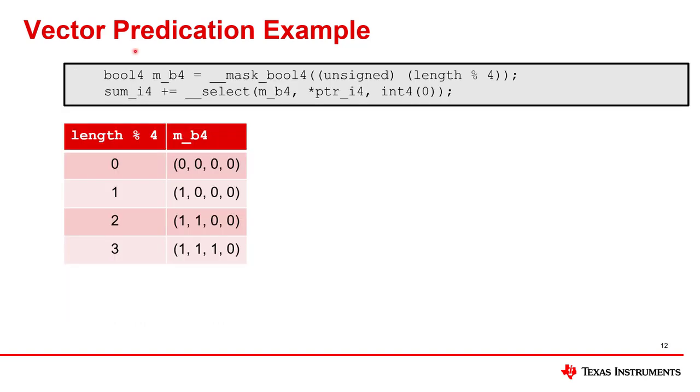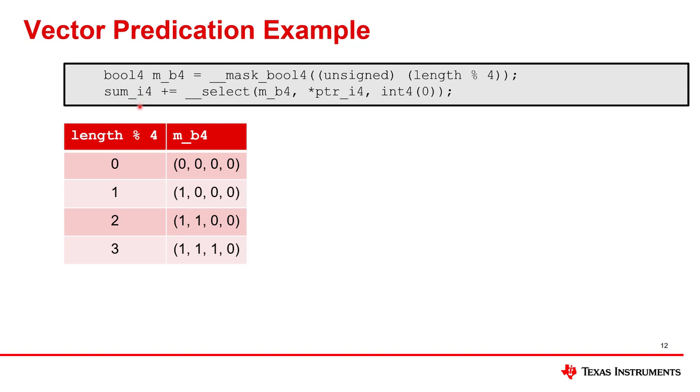This slide repeats the 2 lines of interest here, and then there's a table of information that helps you understand what's happening a bit better. So let's start with the expression length mod 4. As you recall, that's the number of values left in the array that have yet to be added into sum I4.